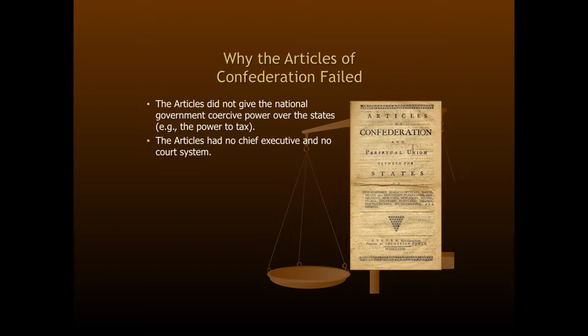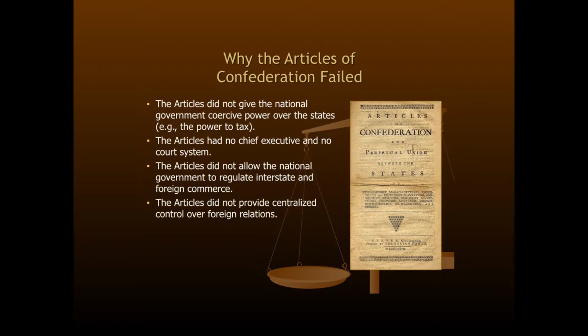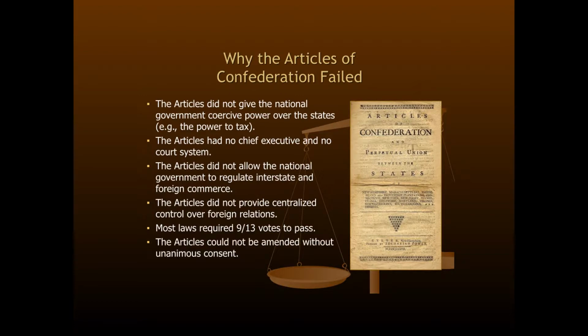We also know the articles had no chief executive, there was no national court system, there was no way to regulate interstate nor foreign commerce. There was 13 foreign policies instead of one. There was a supermajority that was needed to pass any legislation. The document itself probably never could have been amended, simply because you probably couldn't get all 13 states on the same page of the book.